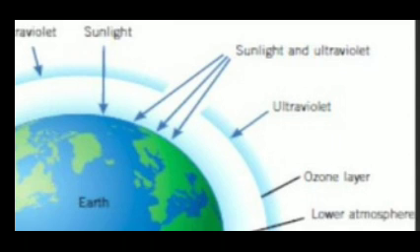When the ozone layer is present in the stratosphere, the UV rays are absorbed by the ozone layer, and only sunlight passes through to the Earth's surface. But when the ozone is depleted, sunlight and UV rays pass directly through to the Earth's surface.